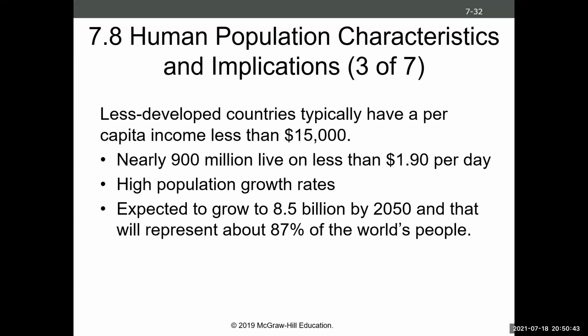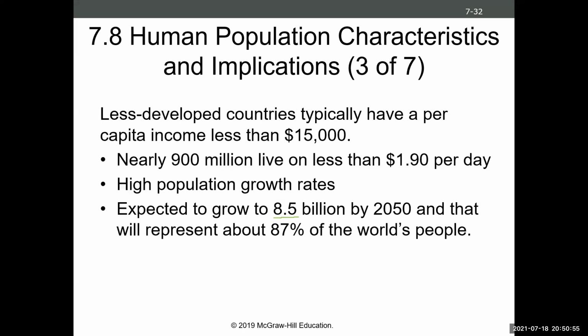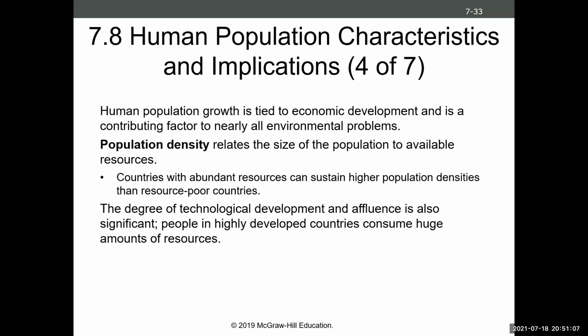Really high population growth rates, expected to be around 8.5 billion by 2050. So this number is going to go up by 2.5 billion, almost a 50% increase. And it's going to be about 87% of the world's population, which is pretty staggering.